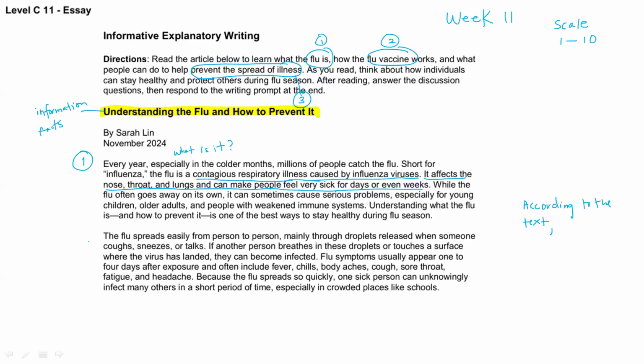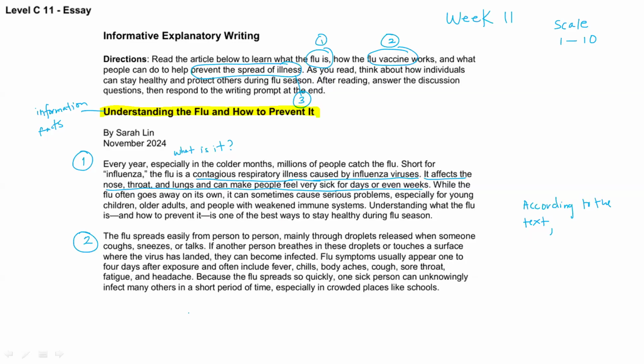Okay, second paragraph. Is there a volunteer who'd like to read? Volunteer? No? The flu spreads easily from person to person, mainly through droplets released when someone coughs, sneezes, or talks.